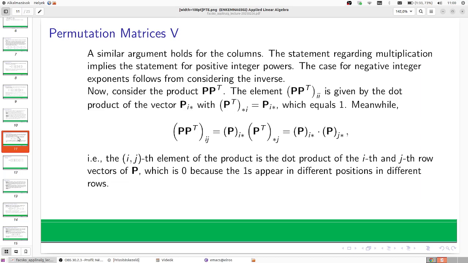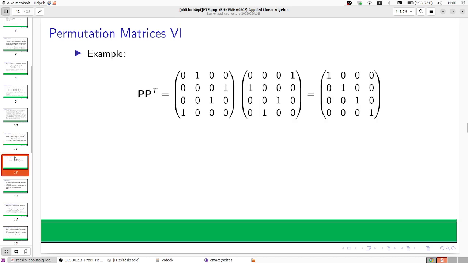And if you do this operation, you get this, which is not the transpose, so this is the identity operator. This is one example. You have this permutation matrix, you do the transpose, and when you do the operation, then you get the identity matrix.